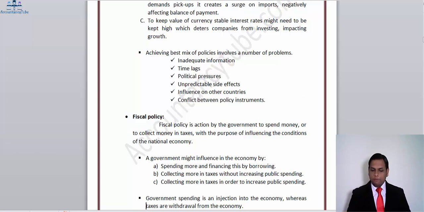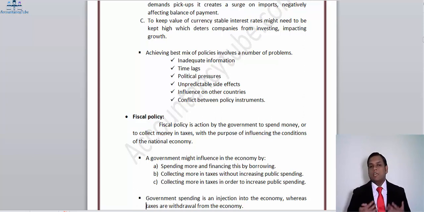Alright, the next thing is that achieving the best mix of policies involves a number of problems. Inadequate information: the information that the upper government gets might not be accurate because of so much hierarchy in between. Then there are time lags.